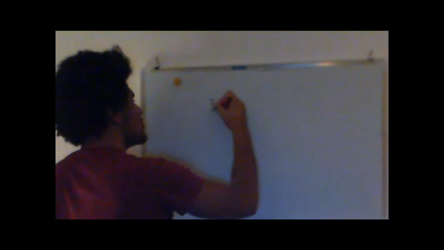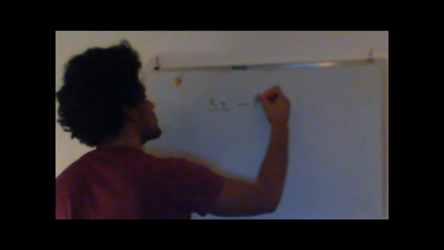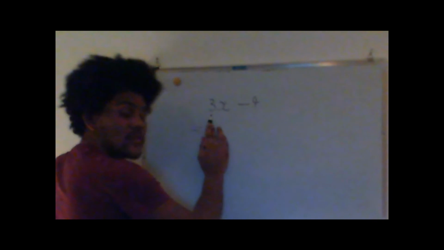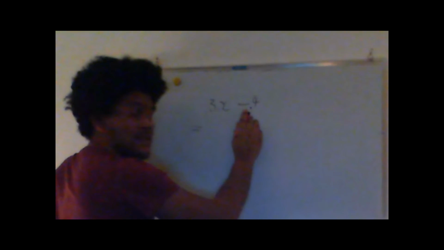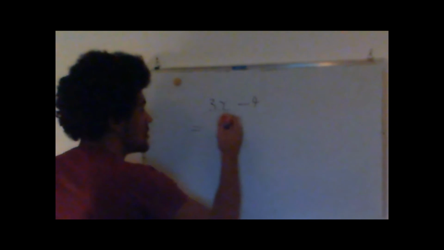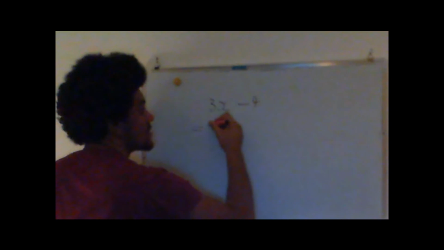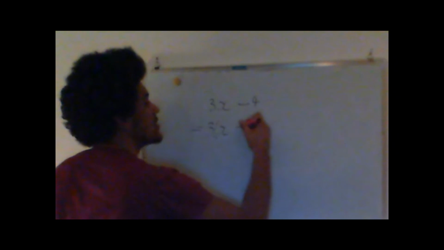You'll see ones with minus signs almost certainly. So you'll have something like 3x minus 9. So this is 3 times x, and this is 3 times minus 3 because it's minus 9. So you can take out the 3, and you're going to get 3 times (x minus 3).